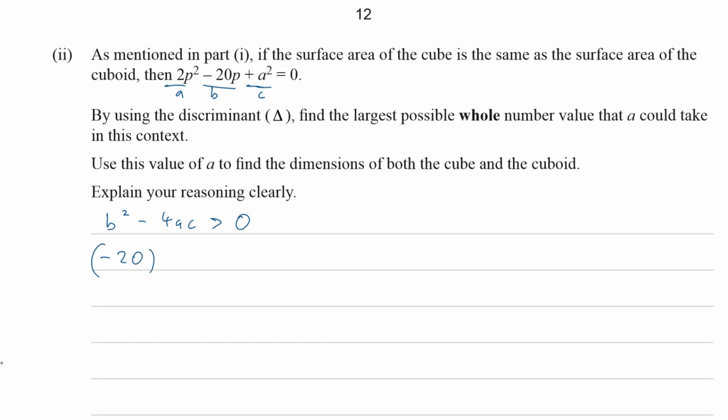Remember, b is just the number in front of the variable, in this case p. So negative 20 squared minus 4 times 2 times a squared is greater than 0, which is 400 minus 8a squared. Then we could add 8a squared to both sides, and divide both sides.